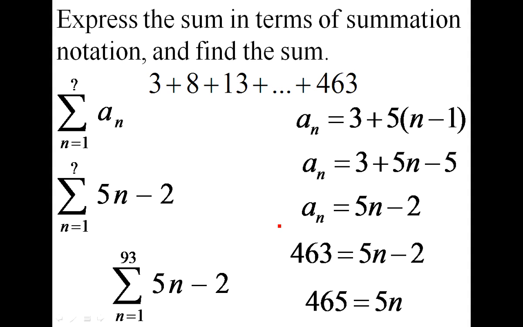I didn't do this earlier, but I'll do the sum sequence program. Well, actually, no, I'll take 3 plus 463, that's 466, and there's going to be 93 divided by 2, 46 and a half of those pairs times 466 gives me 21,669.